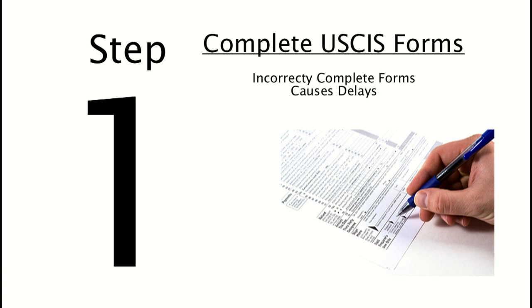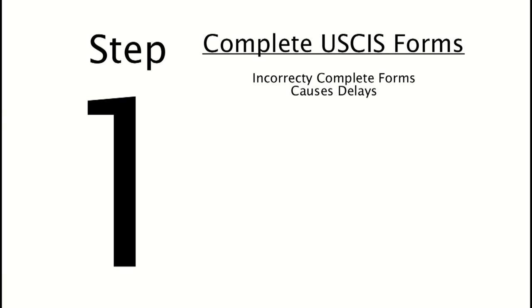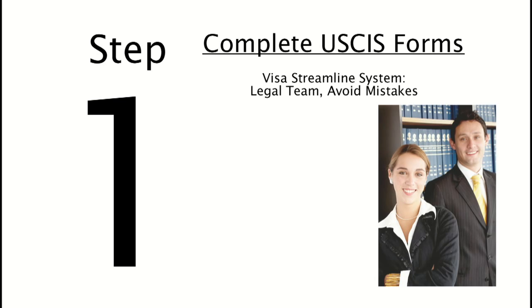The number one mistake people make in this step is that they either fill out the form incorrectly, or if they're not sure, they leave it blank, which is where the delays occur.